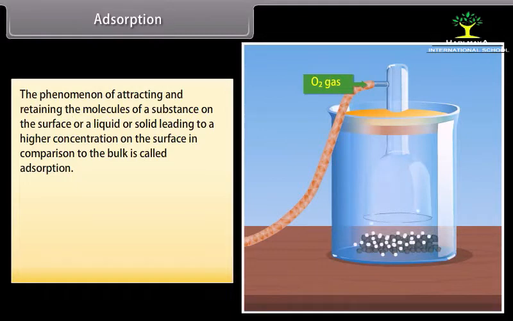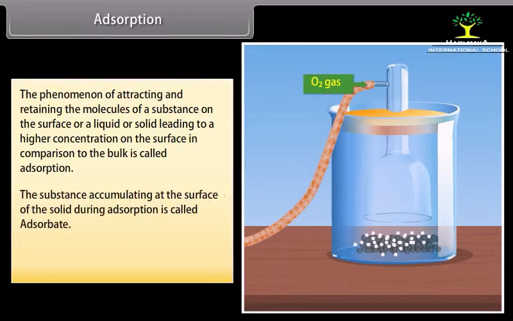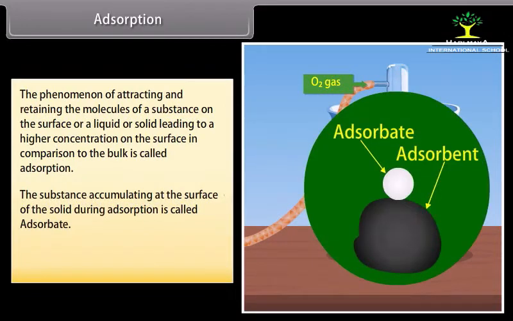This is due to adsorption of the gas molecules on the surface of charcoal. The substance accumulating at the surface of the solid during adsorption is called adsorbate. The surface on which adsorption occurs is called adsorbent.